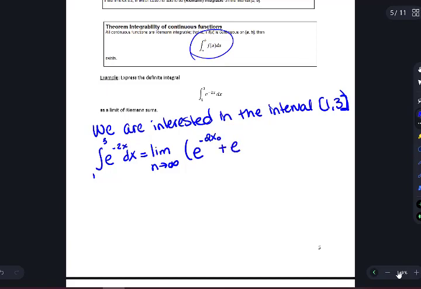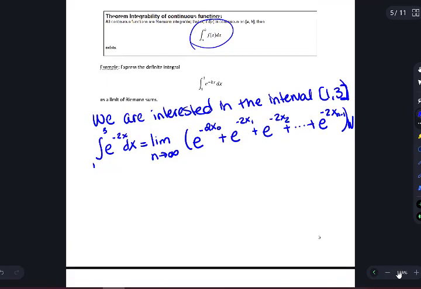Then we would evaluate e to the negative 2x_1, e to the negative 2x_2, all the way out to e to the negative 2x_(n minus 1), because remember, we don't evaluate the function at n. And then this will be multiplied by w. Sorry, that's running off the page there. And w is going to be equal to 2 divided by n.